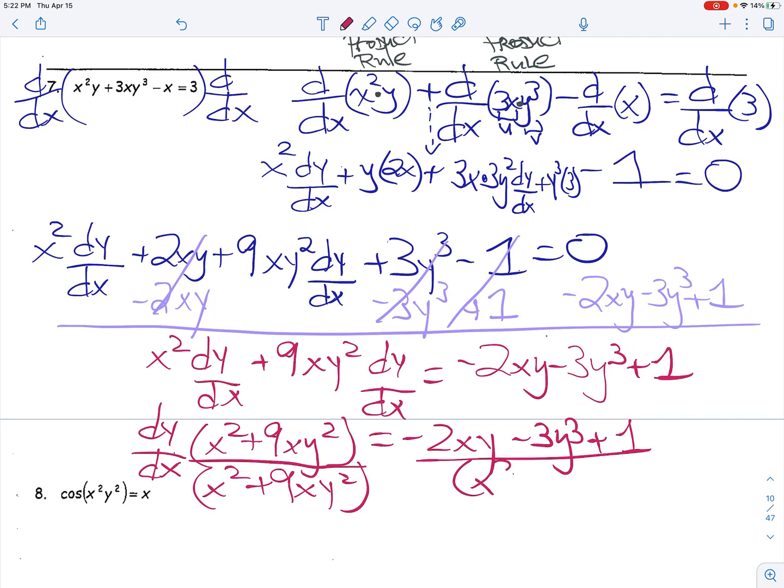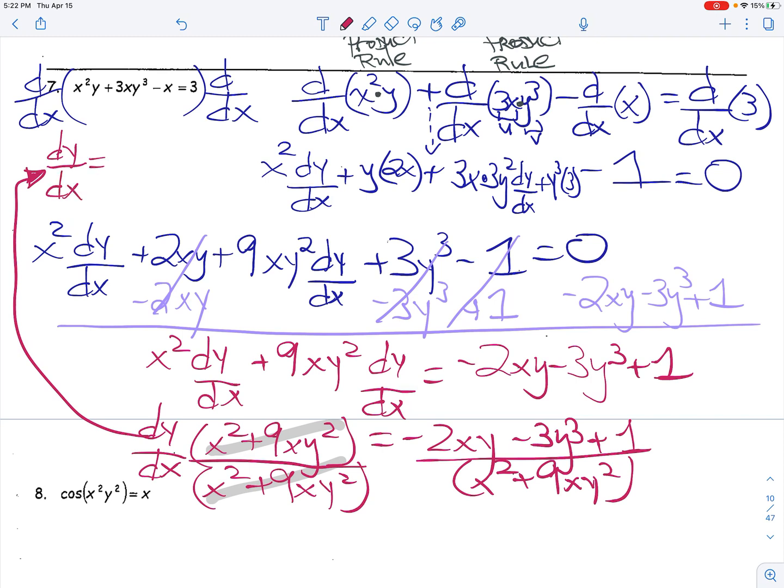Right, and then we'll divide both sides here by that remaining factor to isolate for dy/dx. And cross out. And I will bring the answer up here.